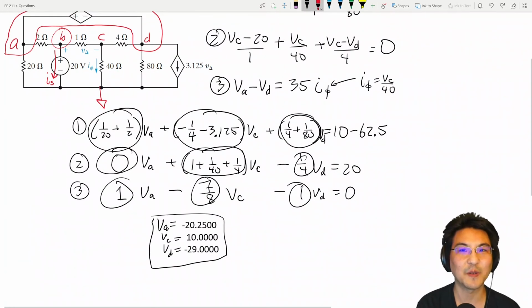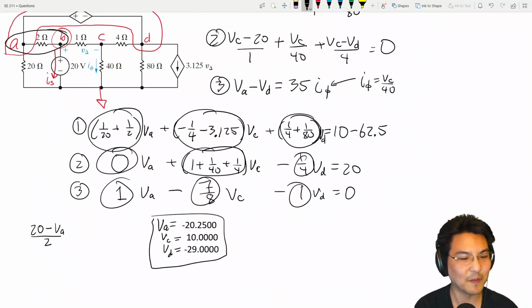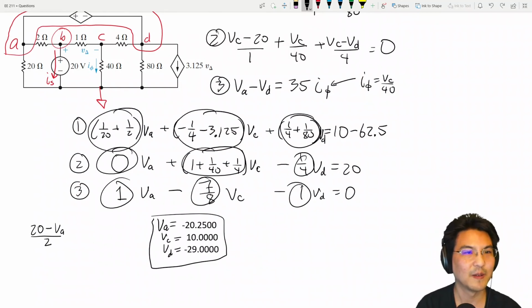So KCL for node B looks like VB, VB is 20. 20 minus VA over 2. I went this way, right? Now going this way, 20 minus VC over 1. And then here, plus IS equals 0.